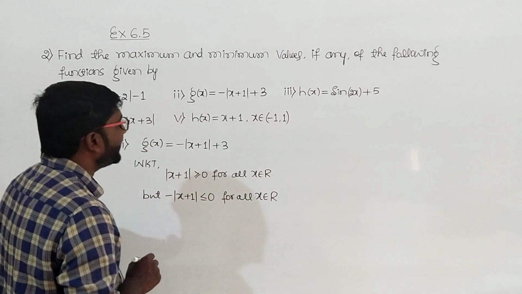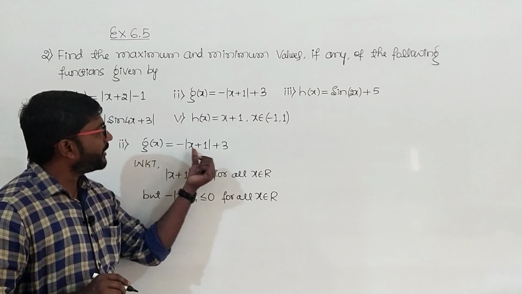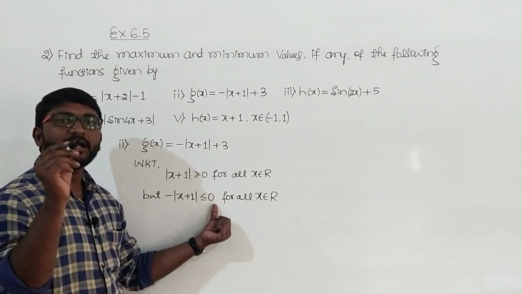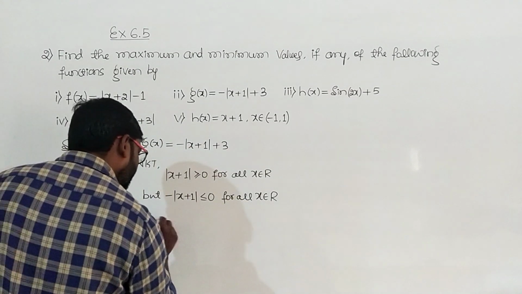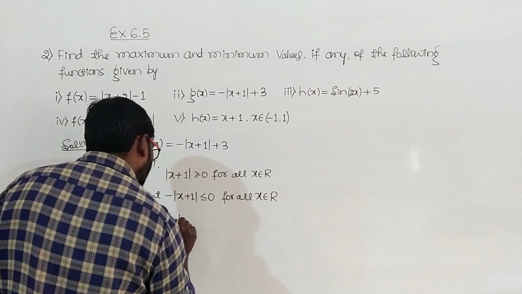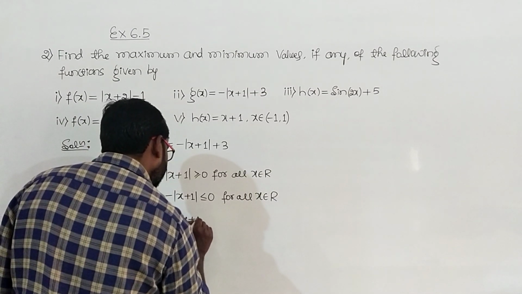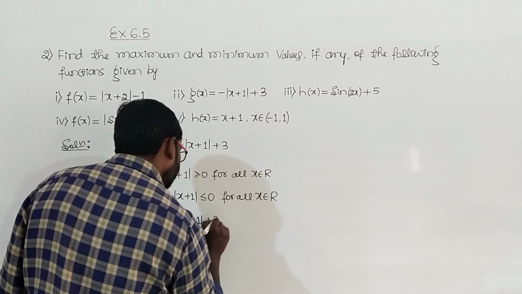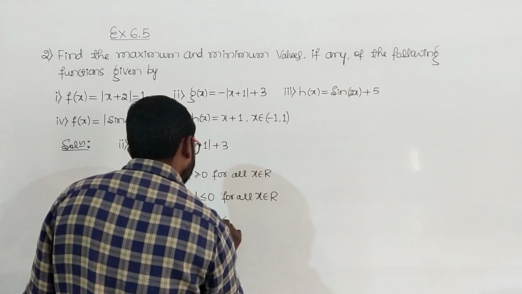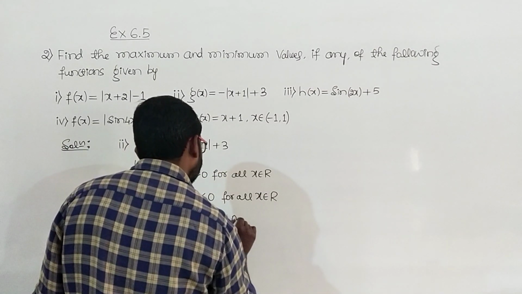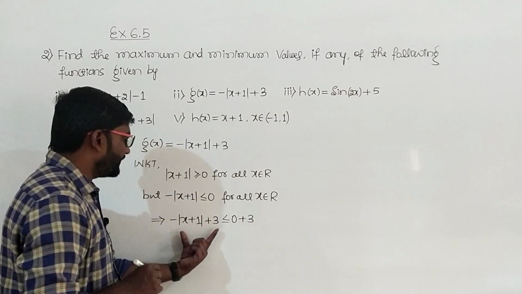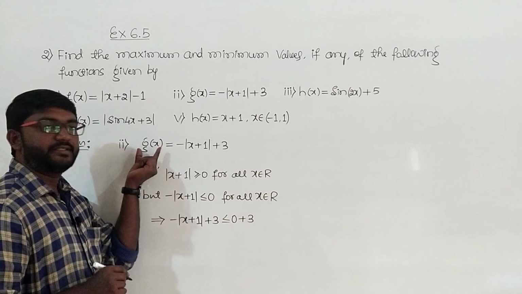So what we need now is minus mod x plus 1 plus 3. That means on both sides you need to add 3. So this implies minus mod x plus 1 plus 3 is less than or equal to 0 plus 3. What is this now? This is nothing but g of x.